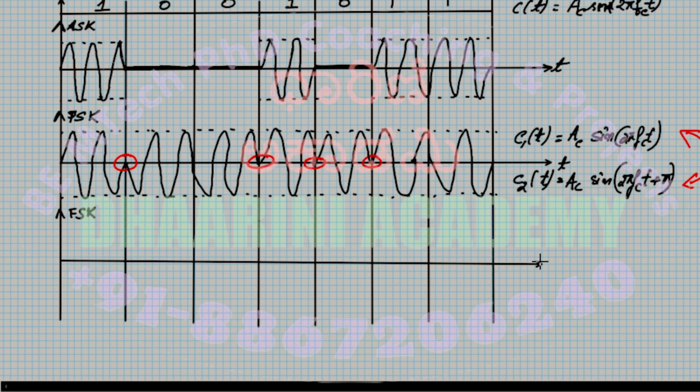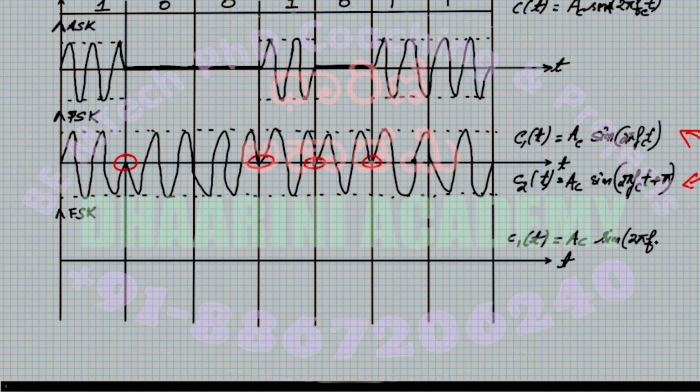Let's try to write what we are going to use for what value. We'll write that first. Say this is T, right? Let me use the two different carriers. So C1 of T is equal to AC, now you see it can be sine wave, doesn't matter, sine of 2 pi F1 T. You see both the previous cases we had FC and FC, no change.